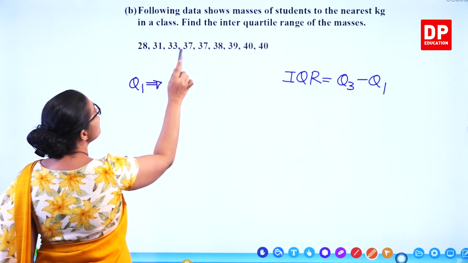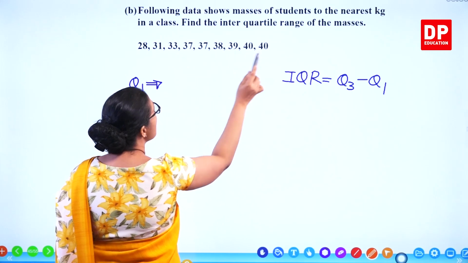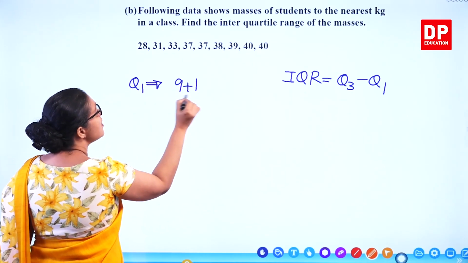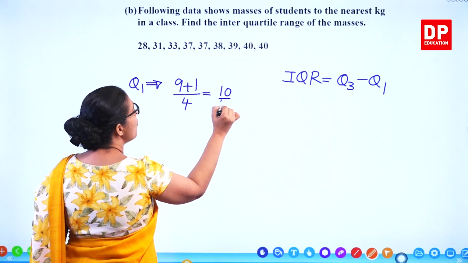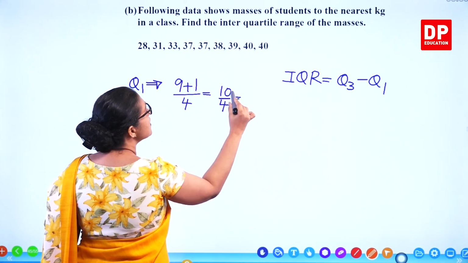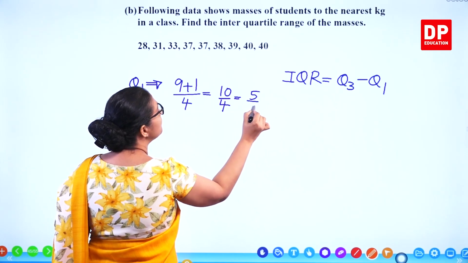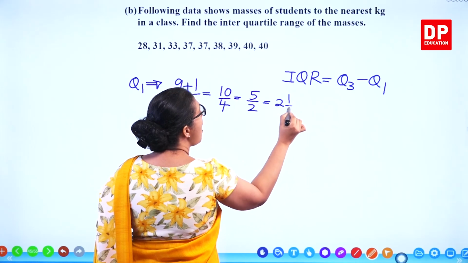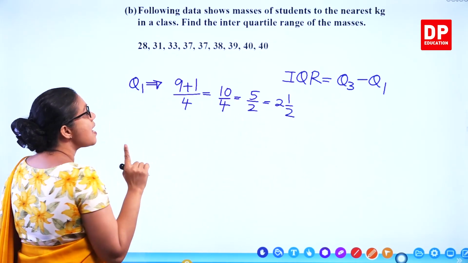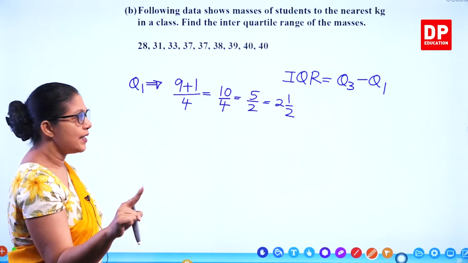So 1, 2, 3, 4, 5, 6, 7, 8, 9. 9 plus 1 divided by 4. So what do you get? 10 divided by 4. That means you get 5 over 2, 2.5.